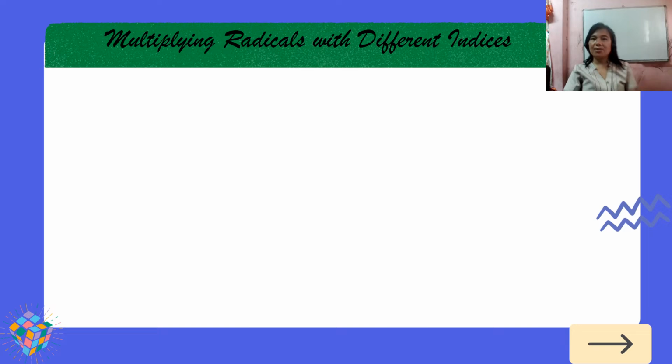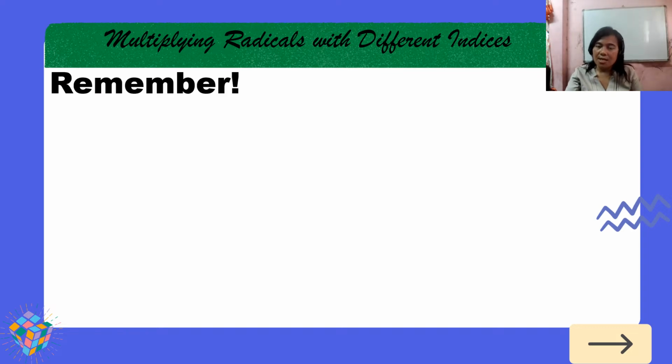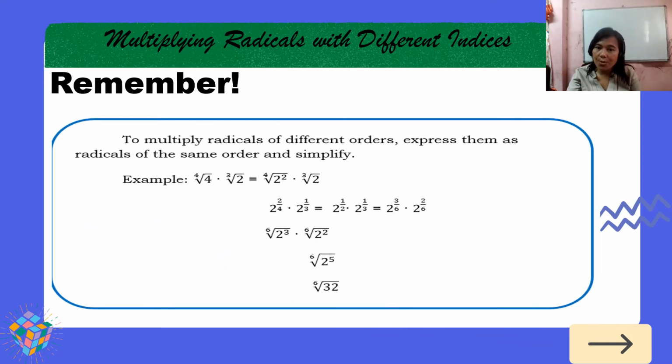Paano naman kung yung i-multiply natin are radicals with different indices? So, remember that in doing this, di ba, the general rule for multiplying radicals is that they must have the same index. So, kung hindi sila magkapareho ng index, then of course, you have to express them as radicals with the same order or with the same index.